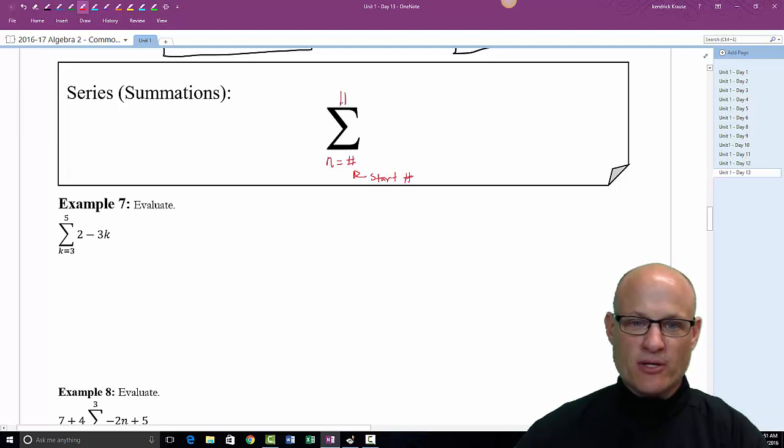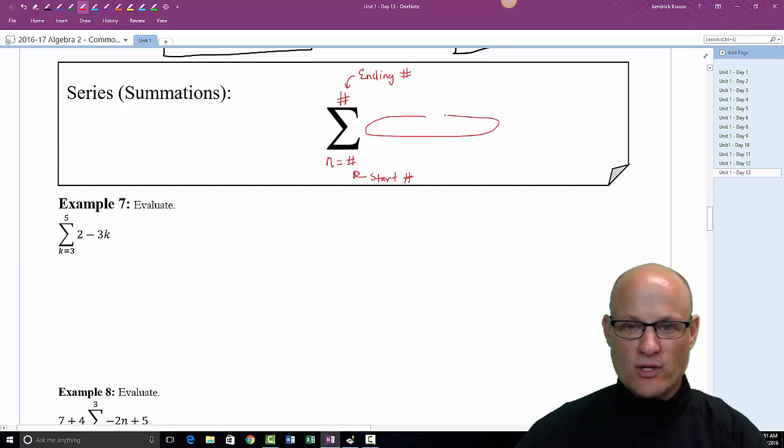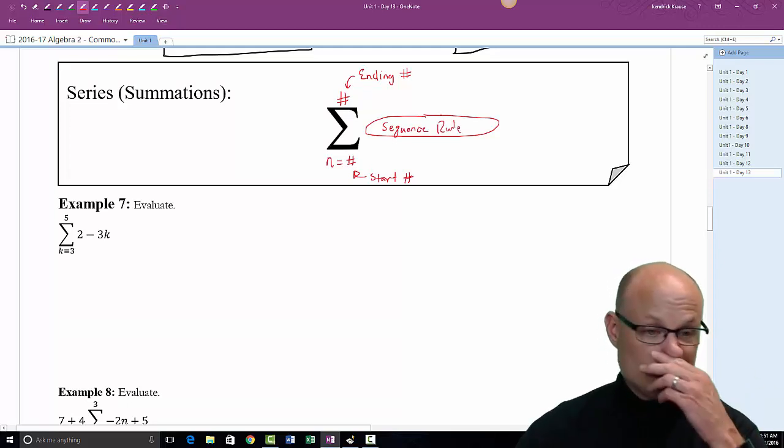Up here you'll have some number too, but it's not the same as that number. This is the ending number. And whatever goes here is your sequence rule, like we just created those rules.